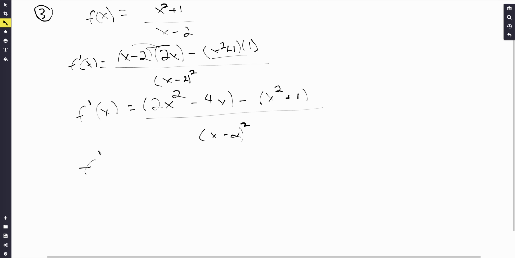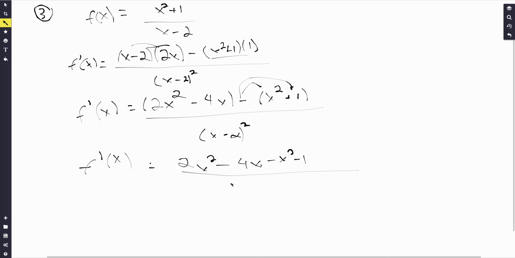Okay. We would still simplify this further, once again, into 2x squared. Now we simply just subtract these terms. So 2x squared, I'm just going to rewrite it first actually, minus 4x minus x squared minus 1, because we're distributing this minus sign to both of these values.